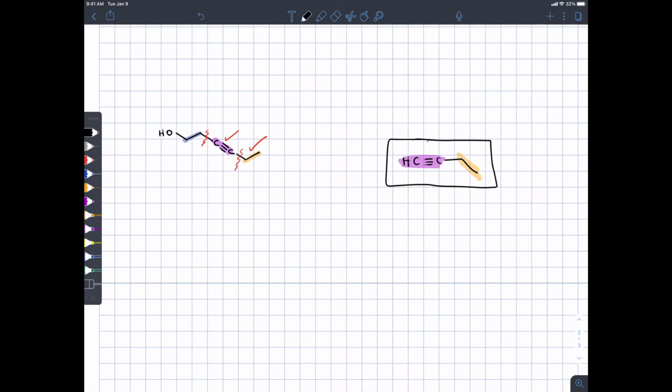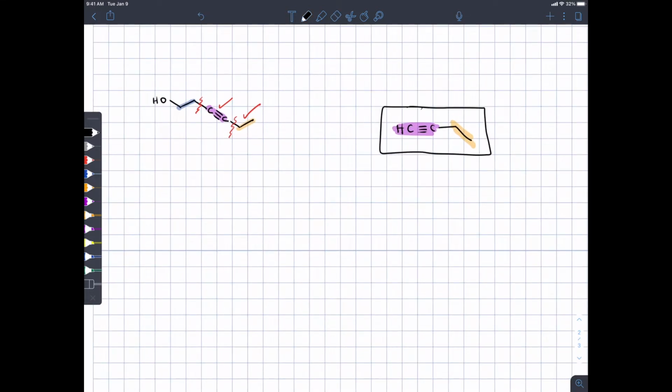So, thinking in a forward direction, you might ask, what could we do with this alkyne? And there are tons of things, but one might be to deprotonate the alkyne using a strong base so that we would have a nucleophile again. And this nucleophile could do SN2 type chemistry.